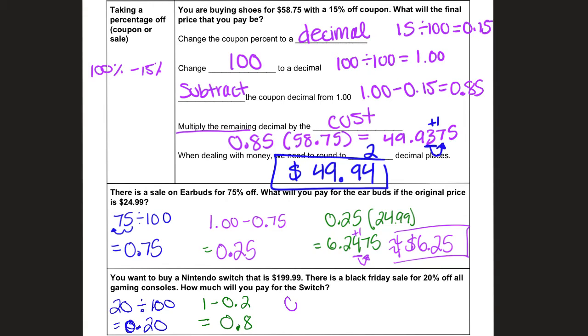Yep, good job. You should have taken 0.8 times 199.99, which gives me 159.992. Go ahead and round that to the nearest hundredths place on your own.